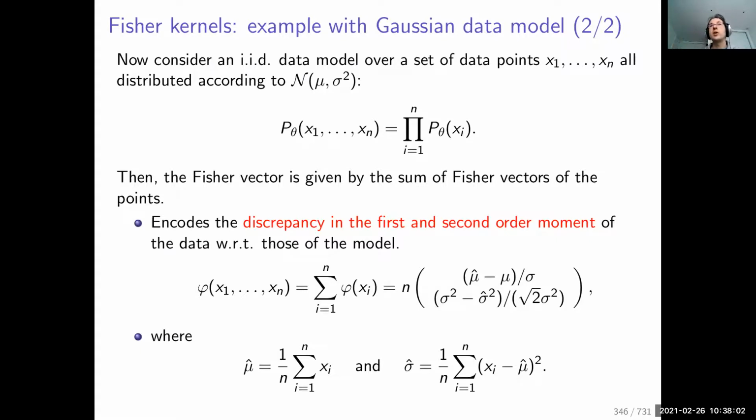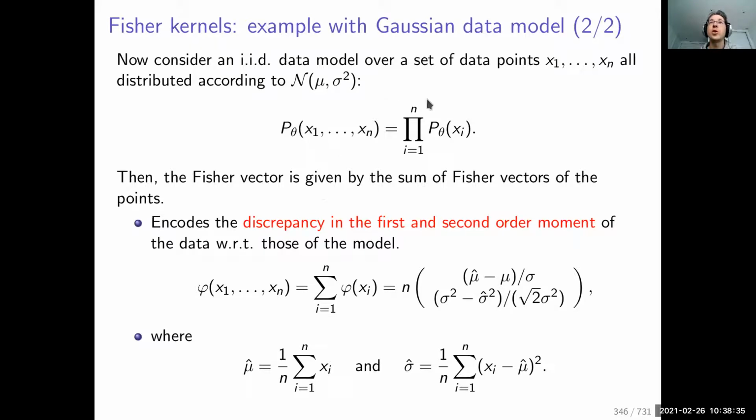If you assume that you have a set of points that are drawn i.i.d. from a specific probability distribution, you can also compute the probability of this set of points, simply because the probability of obtaining x1 to xn is simply the product of the probabilities of obtaining each of the individual data points. So here we are going to consider again the case of the normal distribution.